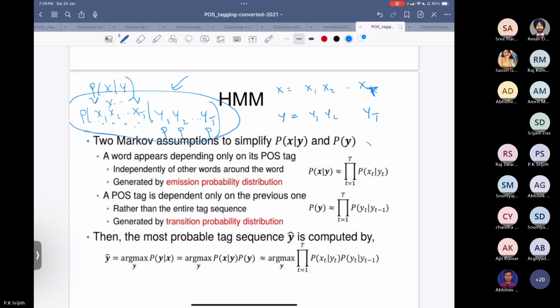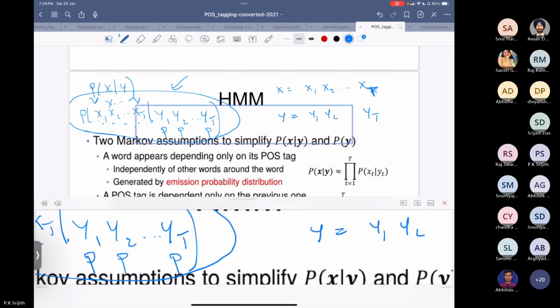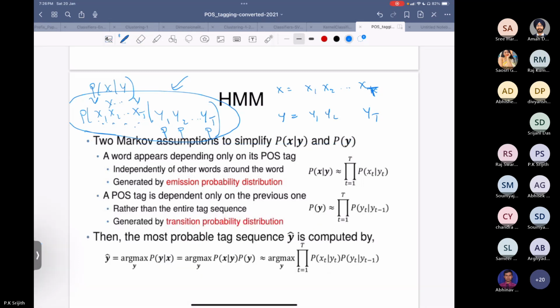Uh, is it only v to the power t? V into p to the power t. V into p. V into p to the power t. Why is it so?